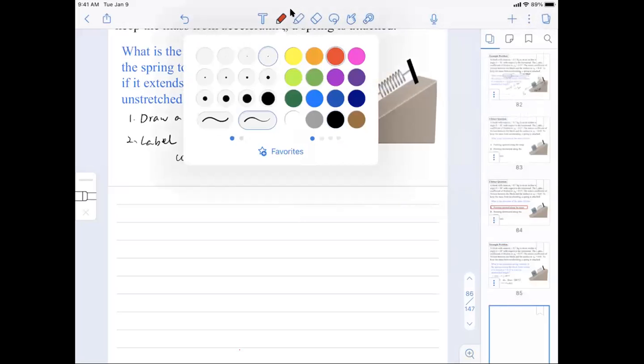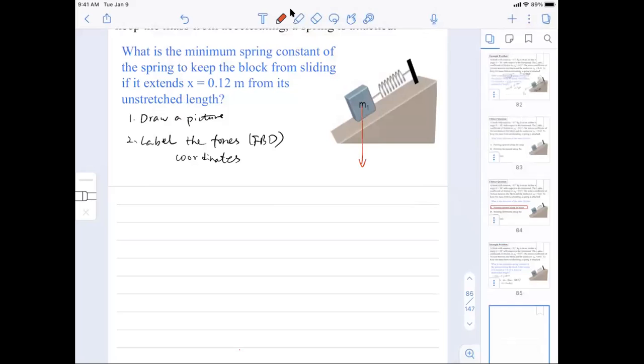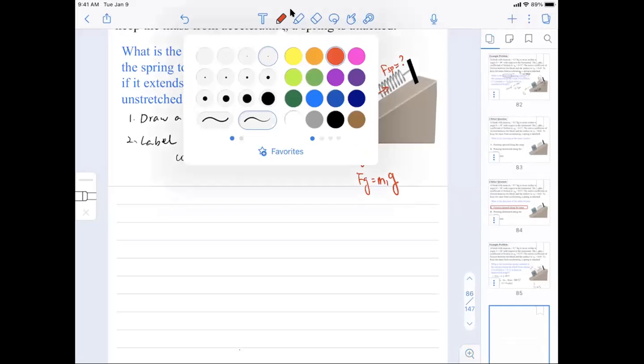So I'm going to label the forces. One is Fg, which is m1 g. Normal force. Spring force, which I don't know, I want to calculate. Static friction, f_s, at a maximum value. And the weight, the component of gravity that is in the x direction.